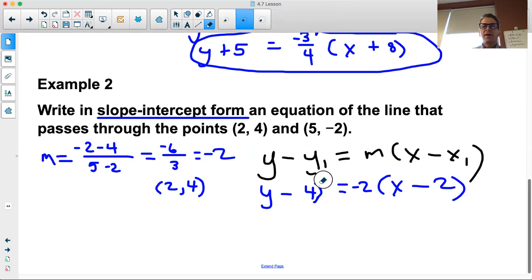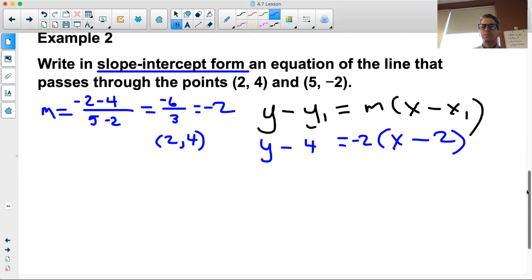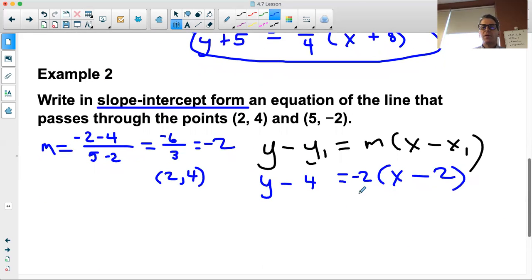That's all fine and dandy because it's in point-slope form. We need to convert it into slope-intercept form, and that is not too hard. We just have to solve for y: move this 4 over, do the distributive property, and simplify. Distributive property first: y minus 4 is equal to -2x plus 4, and then add 4 to both sides.